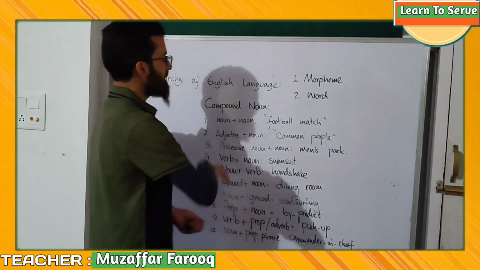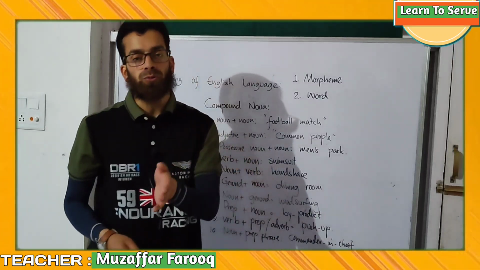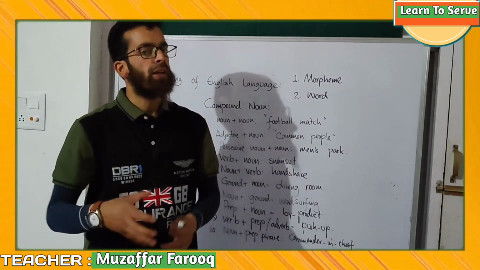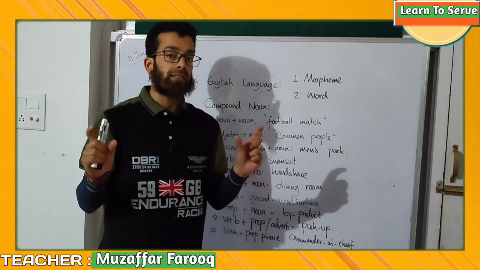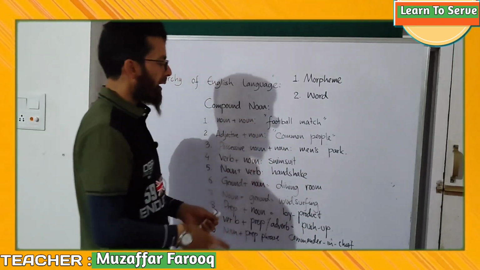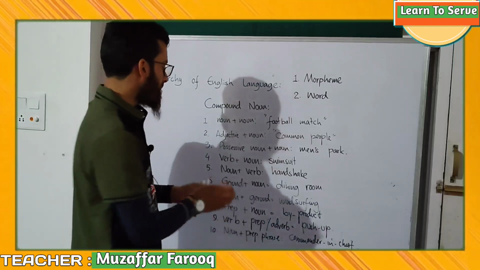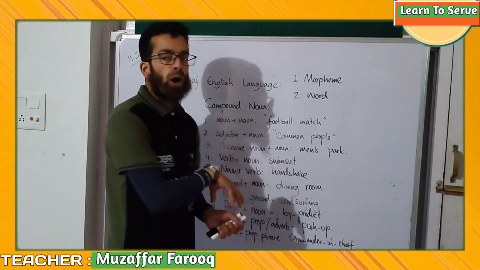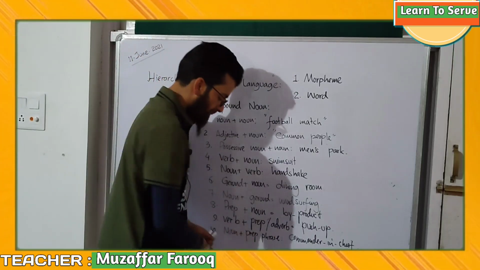We have to understand how they are used in language and how they are formed. Suppose we have football match, it is a noun, but it is a compound noun formed by two nouns. We have handshake. It is a noun, but it has been formed by two entities, noun plus verb, makes it handshake. So these are compound nouns.